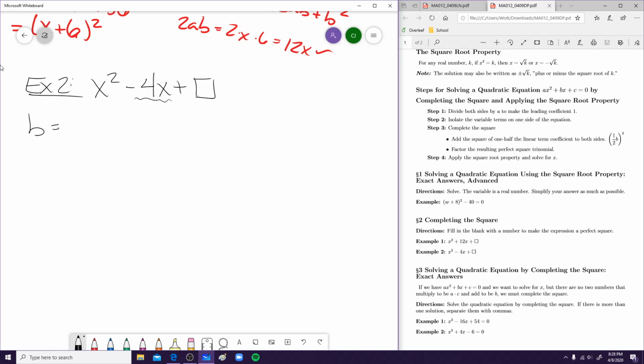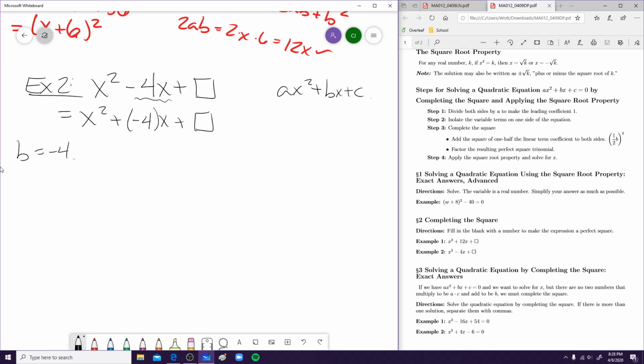B, in our case, is negative 4, because remember, it's ax squared plus bx plus c. This is the same as saying x squared plus negative 4x plus box.